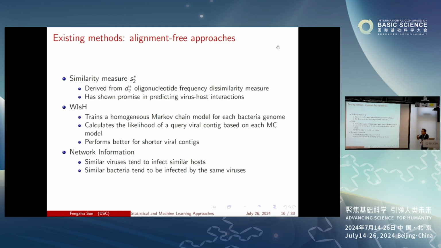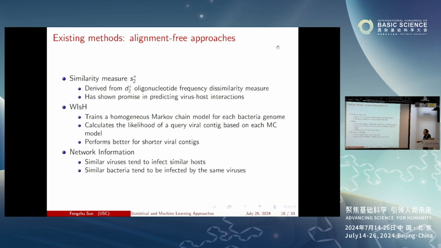And then once you have this Markov chain model, you calculate the probability of the viral sequence under this Markov chain model. And then you use that to measure the similarity between the virus and host. So you can think about the different hosts as models, and you choose the model that has the maximum likelihood. Okay, so from there you have these two alignment-free sources of information.